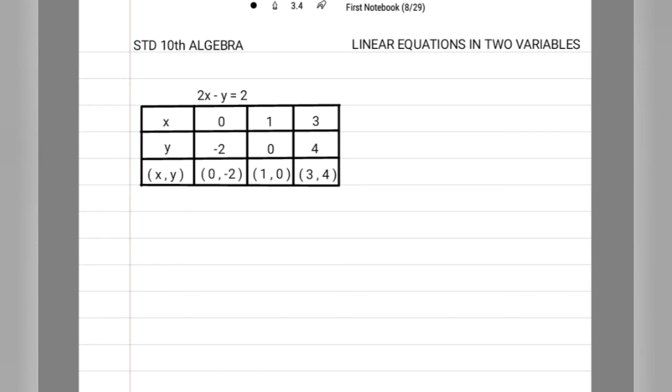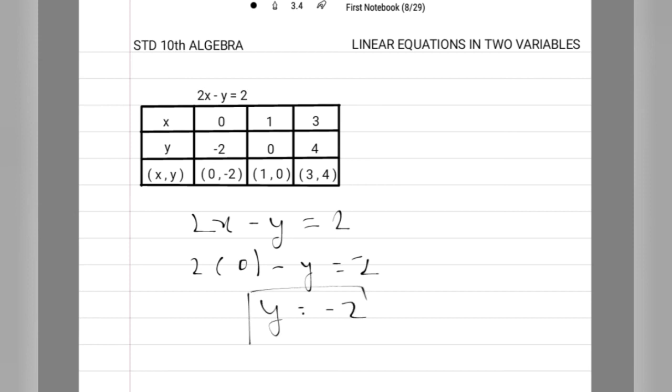Now how to find these coordinates is, if we put x is equal to 0 in this equation, we get y is equal to minus 2. So this is the first coordinate which we get, 0 and minus 2.